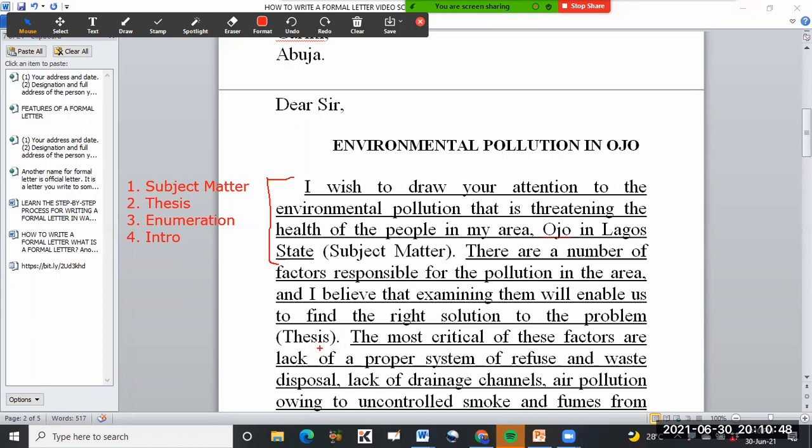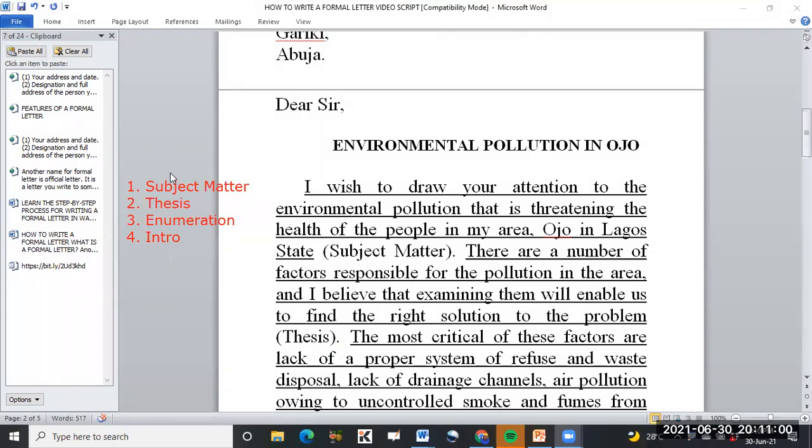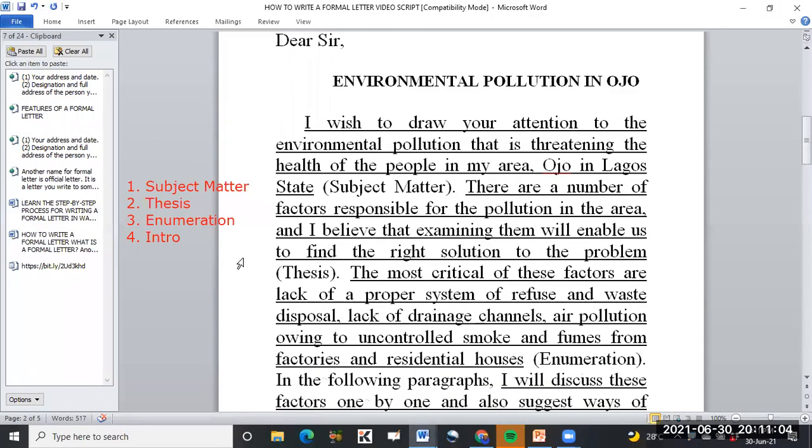That is your thesis. Then this is followed by the enumeration, as I earlier mentioned. The enumeration is simply a list of the points you are going to discuss. So let's look at the enumeration here.